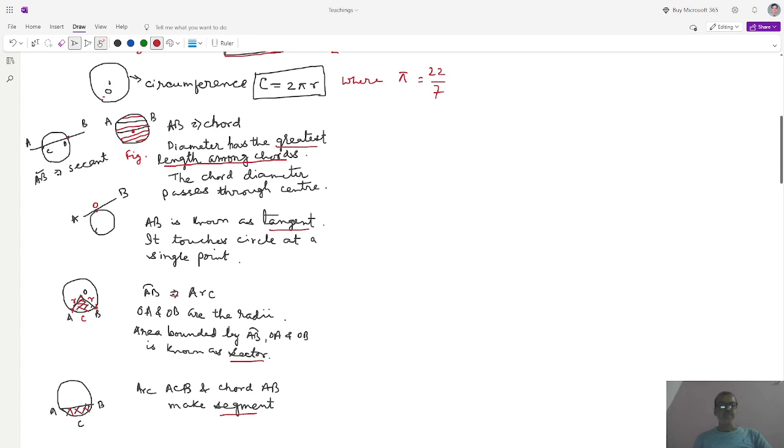In this figure, you see the diagram of a sector of the circle. AOB is the sector.